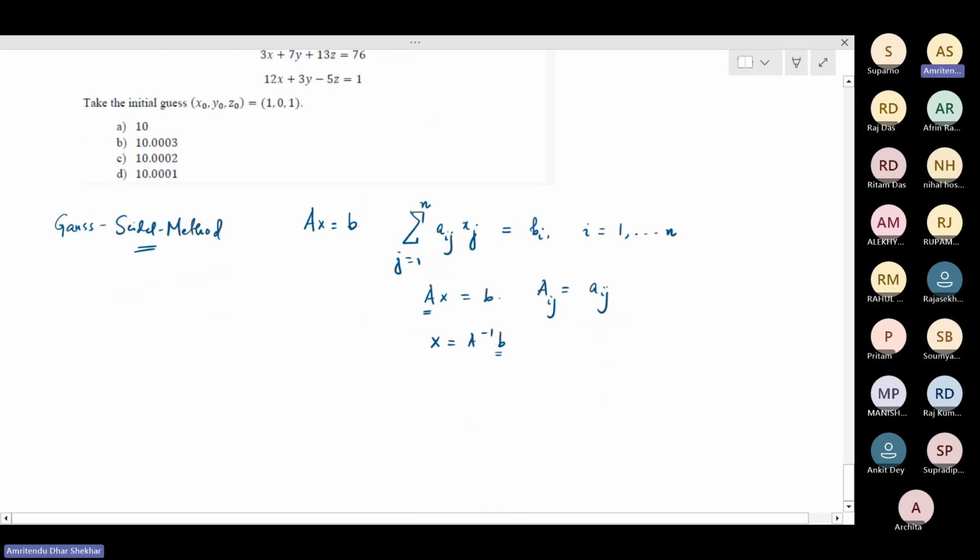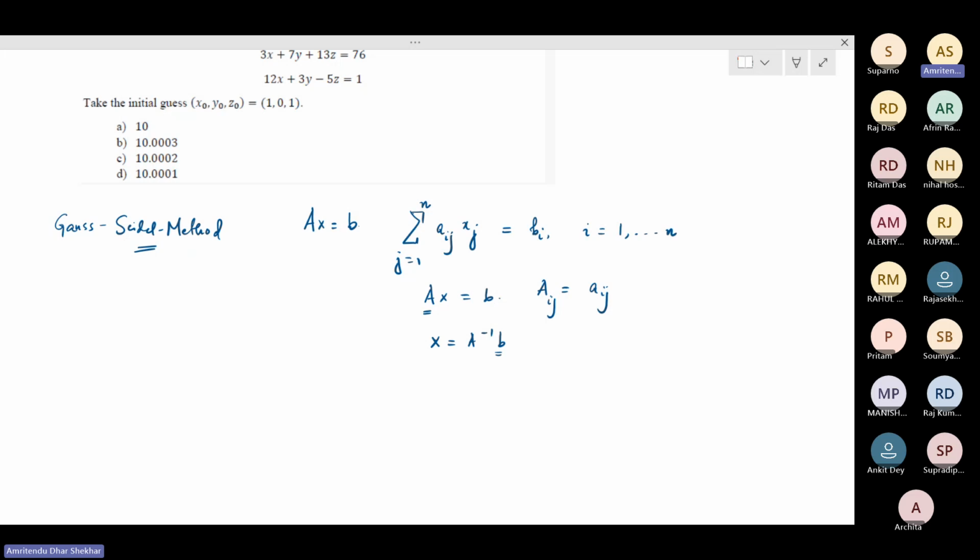The reason is that in practice, when you are solving systems of linear equations, you do not get systems in 2, 3, 4 variables. You can get systems in 50 variables, 100 variables, and so on. So the matrices are no longer 2 cross 2 or 3 cross 3. They could be a 1,000 cross 1,000 matrix.